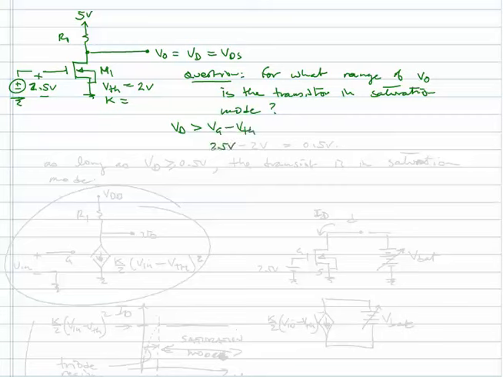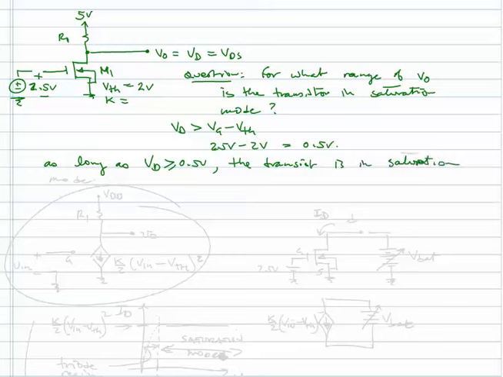VG is at 2.5 volts, and the threshold voltage is at 2 volts. So that's equal to 0.5 volts. So as long as VD is greater than 0.5 volts, the transistor is in saturation mode.